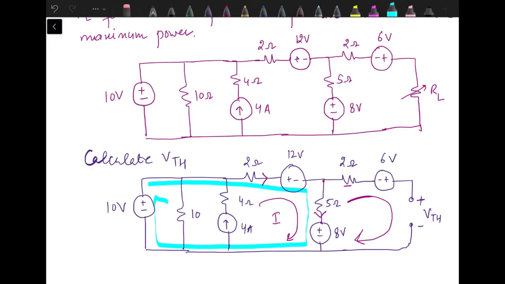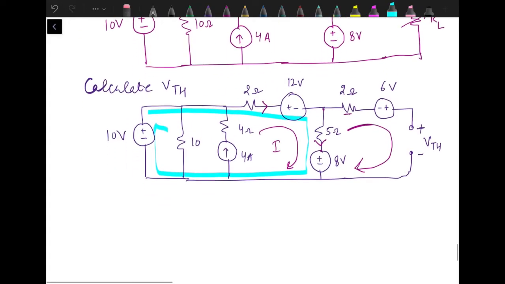We can apply KVL in this loop, and that will actually simplify our solution. We just need one equation and we will get the value of I. So for this loop, starting from 10 volt minus 10, then voltage drop polarity for 2 ohm and 5 ohm will be like this, plus 2I plus 12 plus 5I plus 8 equal to 0.